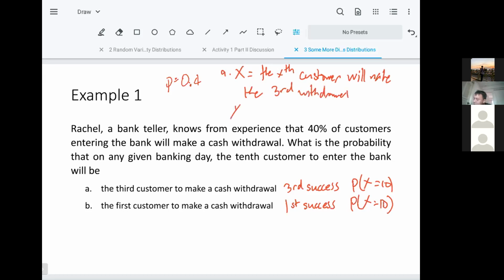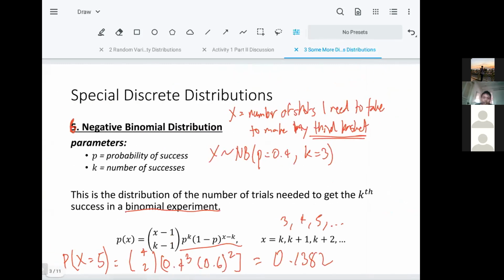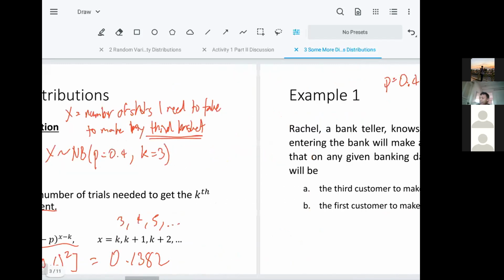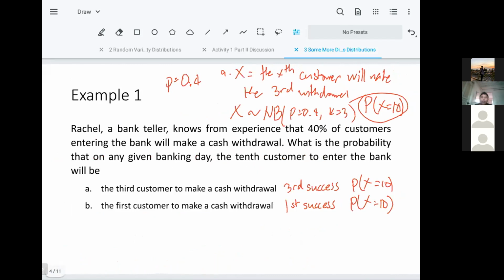Given this, x is negative binomial with parameters p equals 0.4 and k equals 3. Then you answer: what's the probability that x equals 10? I'll leave that to you. You're experienced with the calculator already, and you have the formula. Just plug in x equals 10, k equals 3, p equals 0.4.